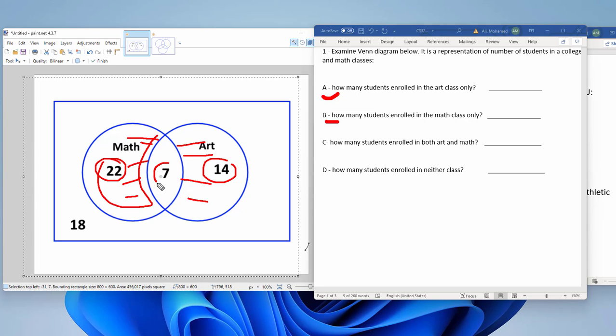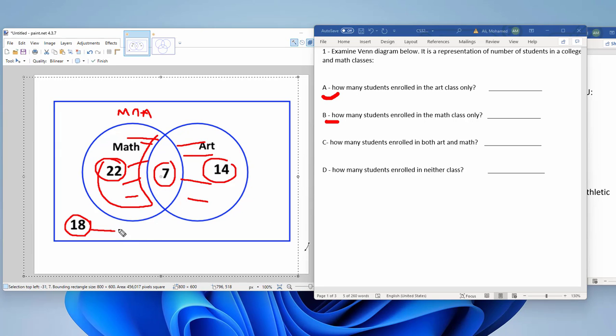And this area represents the students who are in both math and art. So this is the intersection, math M intersection A. And the outside here, these are 18 students in college, but they're in neither one of them. They're not in math, they're not in art.